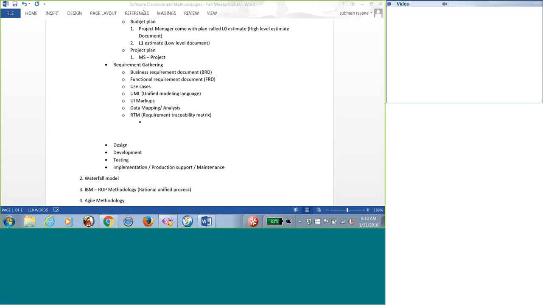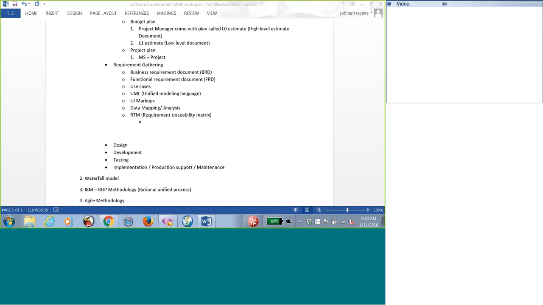Yesterday we started talking about the software development methodologies, and as part of this, we were discussing the different methods or phases, and we started talking about the planning and analysis phase.